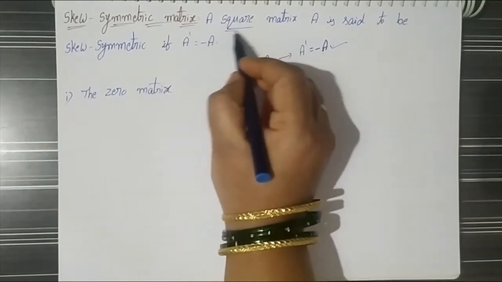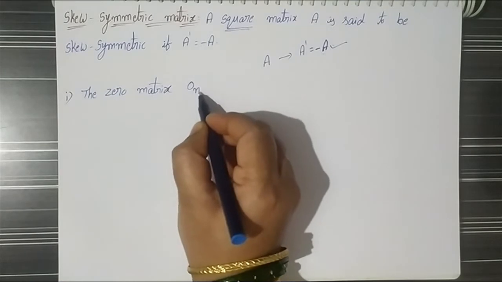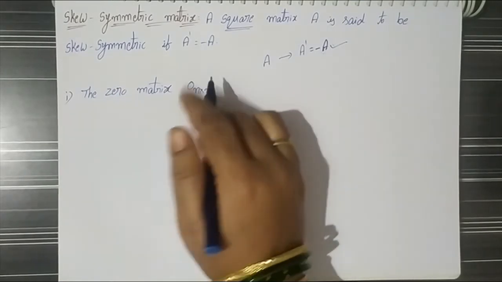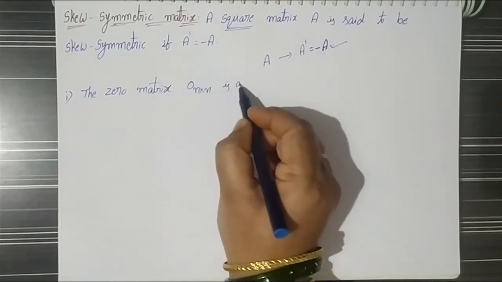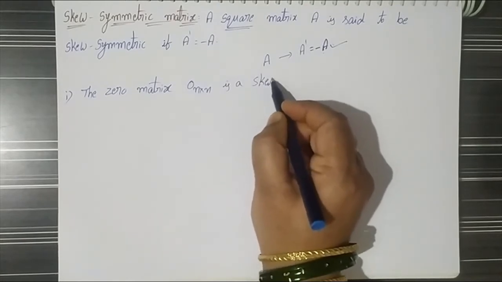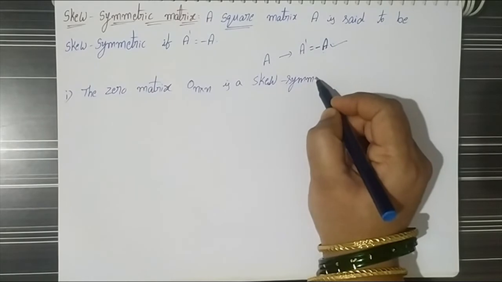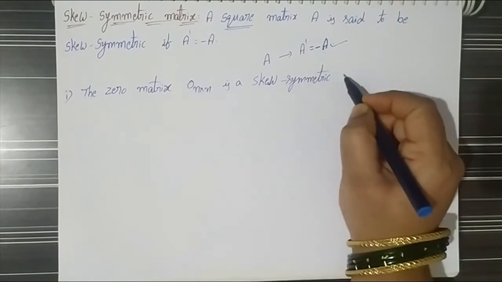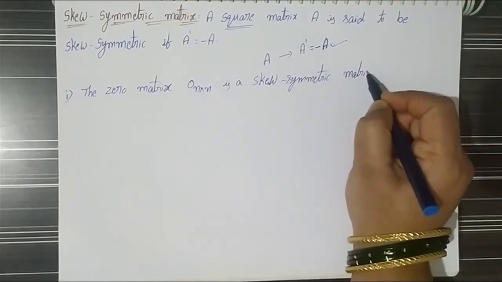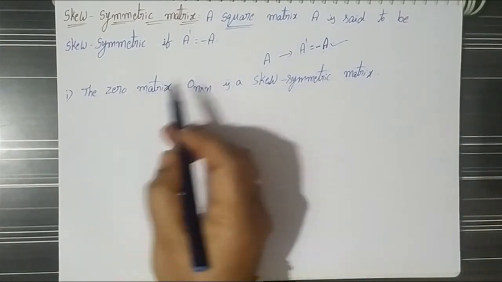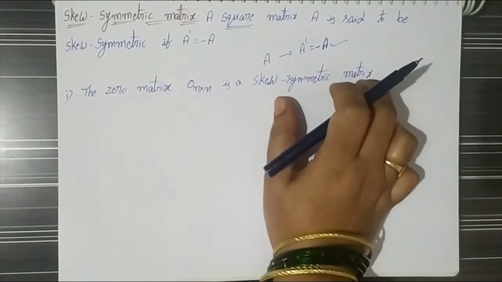In this we have only square matrices. That means the zero matrix of order n by n is a skew symmetric matrix. The zero matrix is a skew symmetric matrix.